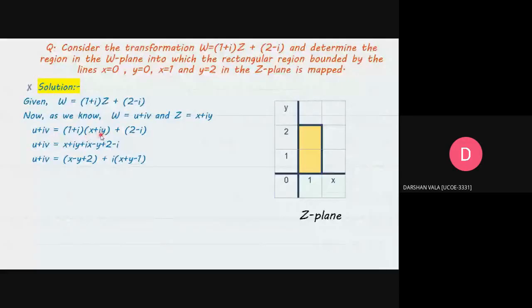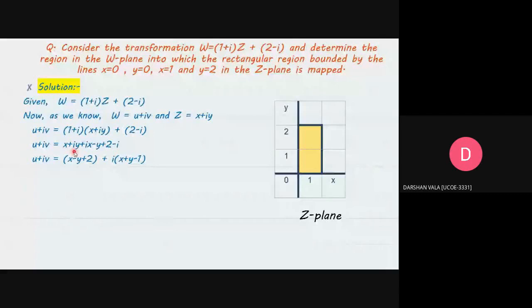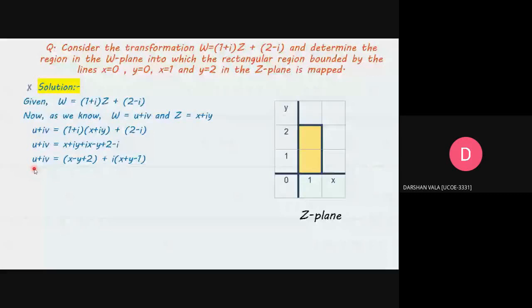Now we solve this, and we get U plus iV equals X plus iY plus iX minus Y plus 2 minus i. Further we separate the real and imaginary parts, then we get U plus iV equals X minus Y plus 2 plus i into X plus Y minus 1.